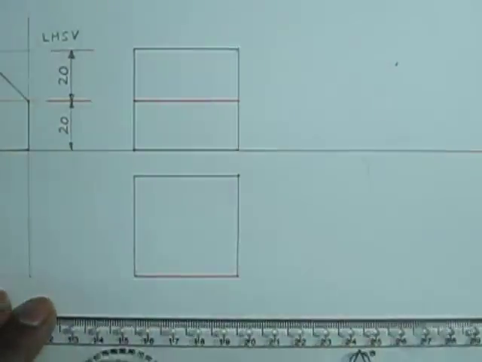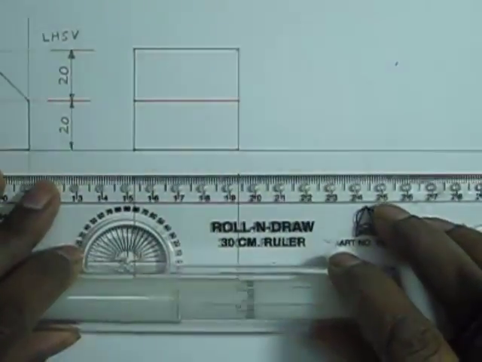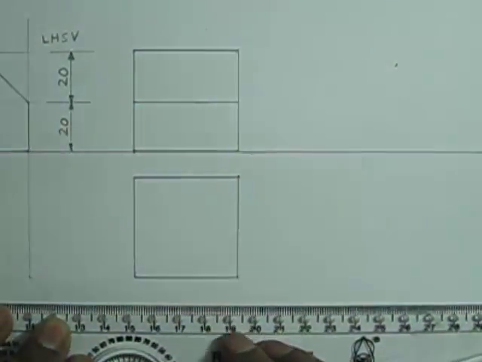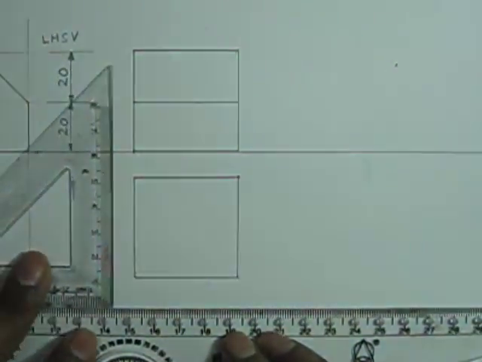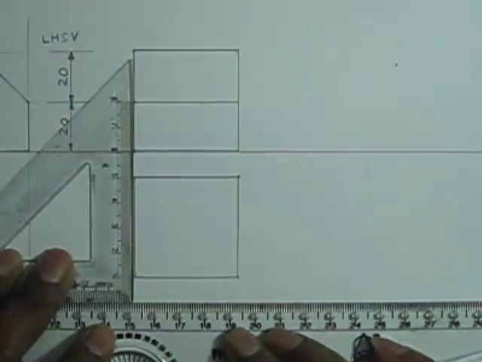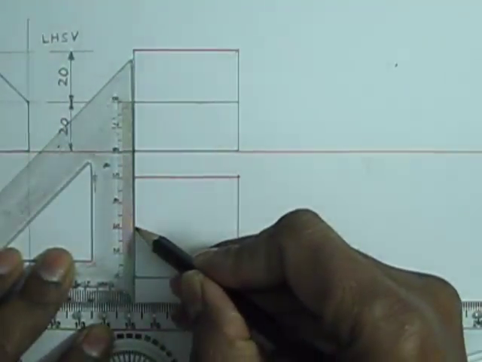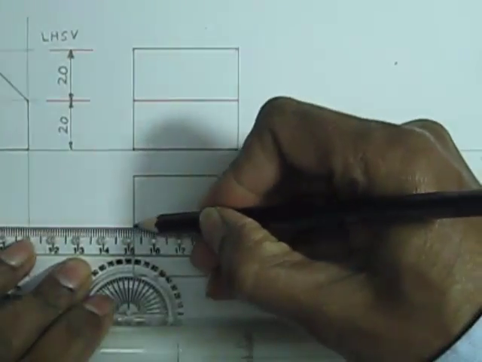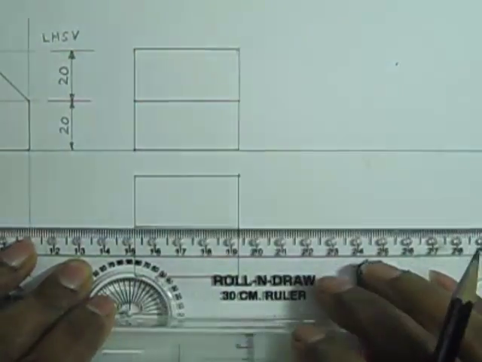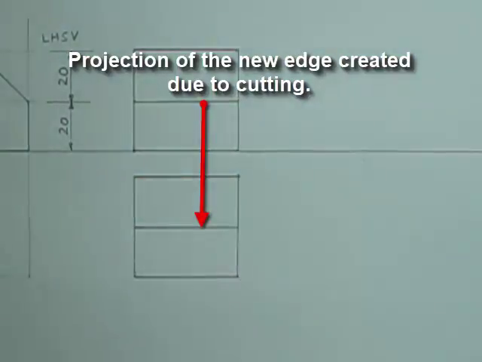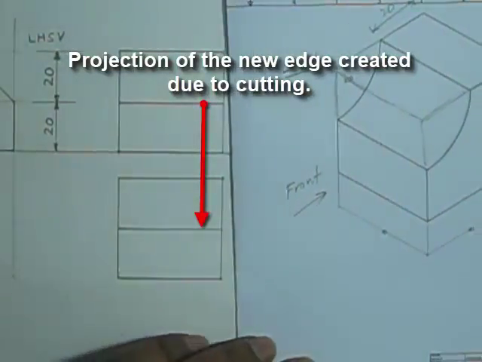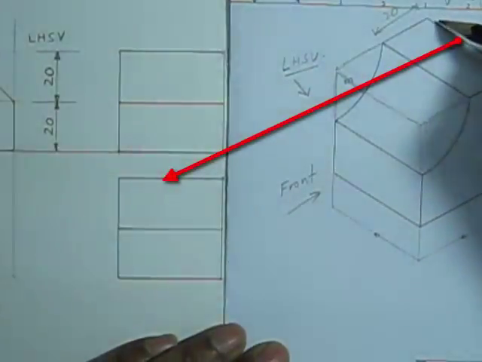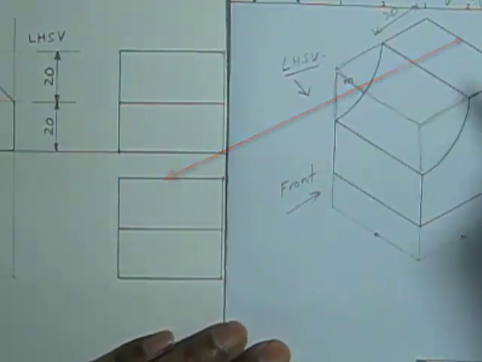So this is 20 mm. Midway we will draw a line which represents the new edge. This side corresponds to the back side.